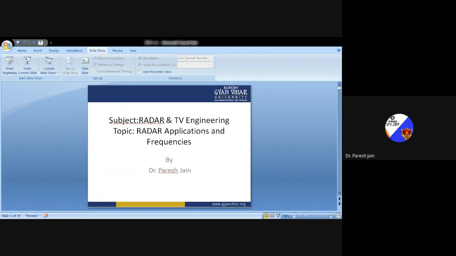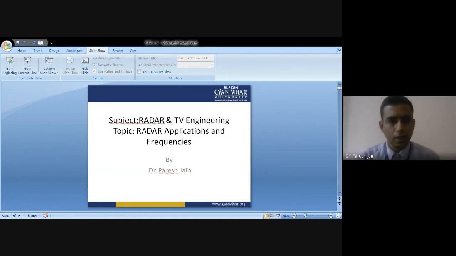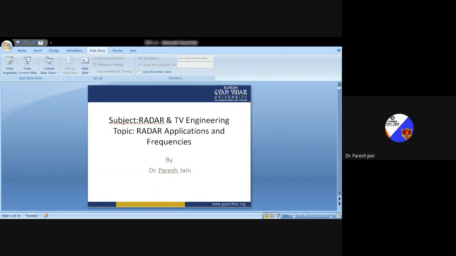These are the textbooks. Students will understand the basic fundamentals of radars as well as the applications and the frequency spectrum of radars. They will also understand the concept of radars from the book Introduction to Radar Systems by Merrill Skolnik, Tata McGraw-Hill.